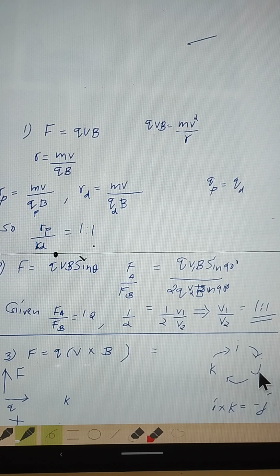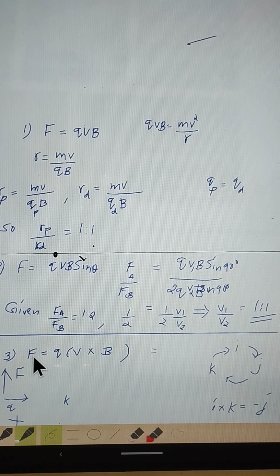In the question it is given that the force due to magnetic field is acting along y direction. So the unit vector associated with the force is j.